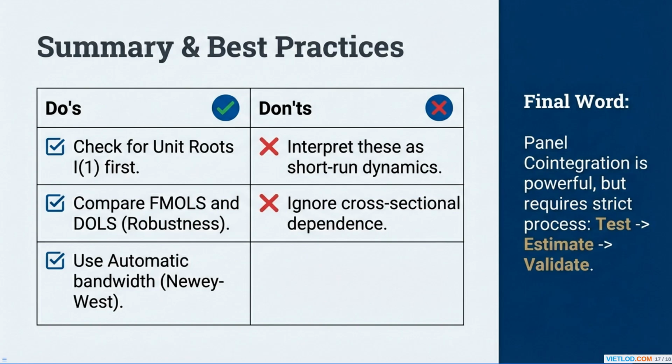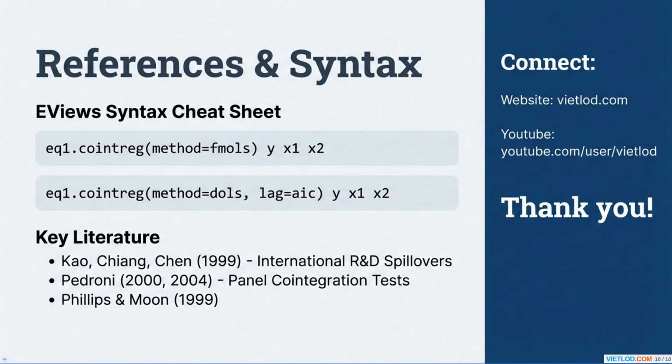To summarize our discussion and highlight best practices, first, always check for unit roots in your variables, ensuring they are I(1) before proceeding with cointegration analysis. Second, for robustness, it's advisable to compare results from both FMOLS and DOLS estimators. When using FMOLS, always opt for an automatic bandwidth selection like Newey-West. Crucially, do not interpret the estimated coefficients as short-run dynamics.